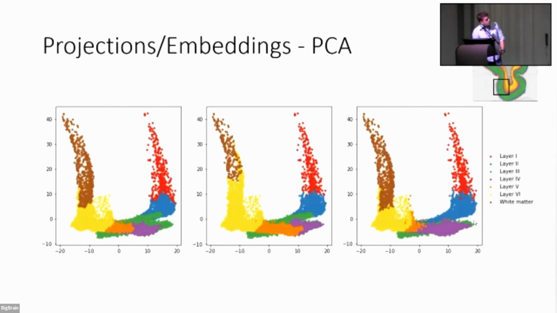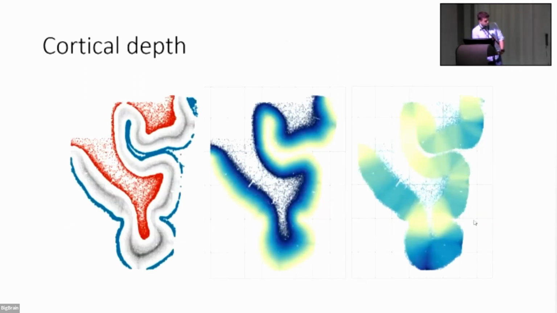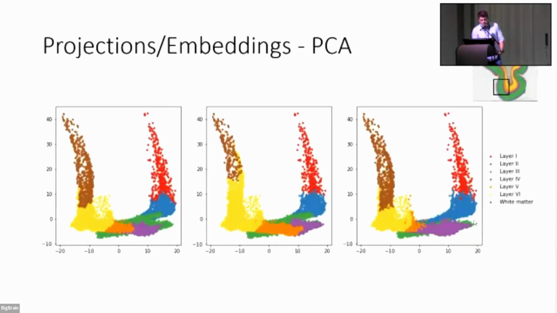So putting all these features in projections or embeddings really revealed that there is a structure, and the structure can be captured using these handcrafted ad hoc features. Of course, there's room to develop more features, but I'm showing what we have right now.